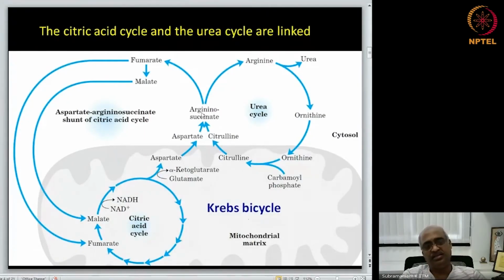So similarly, arginosuccinate, it goes this way, but then this portion is a shunt and a side track where it becomes malate and enters into TCA cycle. So this is how TCA cycle and urea cycle are linked. But the linkage requires a dynamic flux between cytoplasm and mitochondria. So it is all regulated based on the concentrations of individual molecules that you see mentioned here.